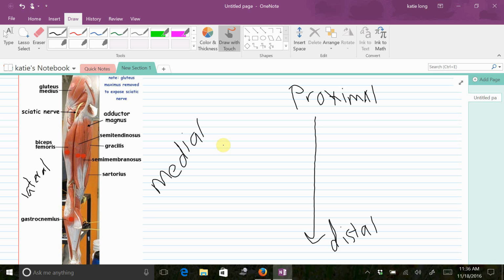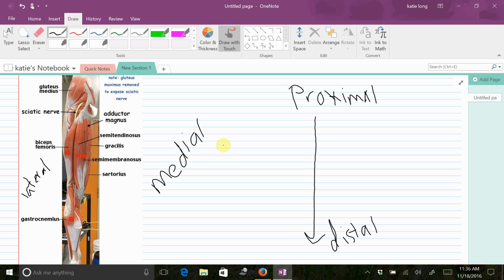But if we are talking about the muscles, like you see how they're lined up there on your thigh, you can refer to individual muscles too.